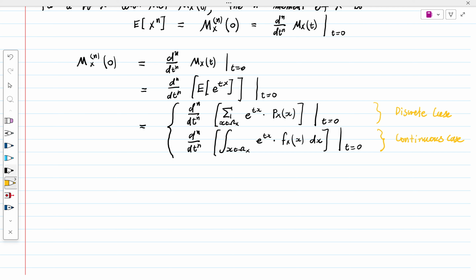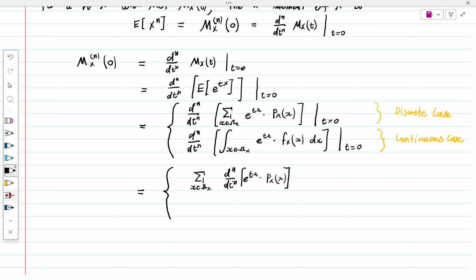Going back up to the first example, one of the properties of differentiation is that when we take a sum of functions and then differentiate the sum, it is the equivalent of taking the sum of the respective derivatives, of e to the tx times p_X(x).